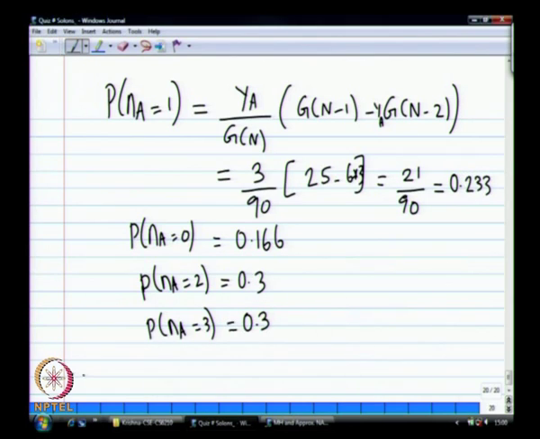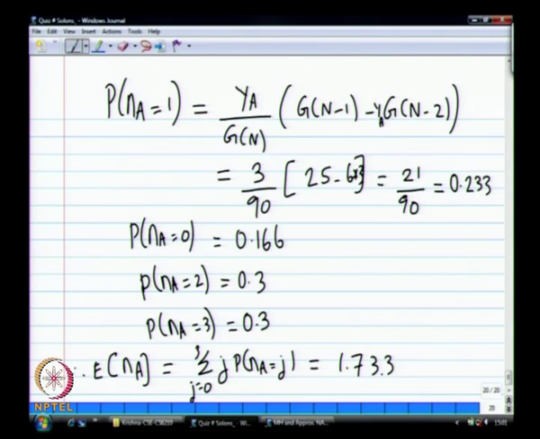So therefore I can compute E of Na by simply... So now I have the mean, but how do we get the variance of the number of jobs in a particular queue?